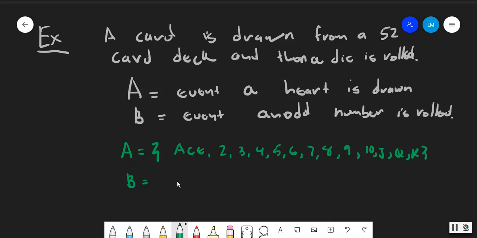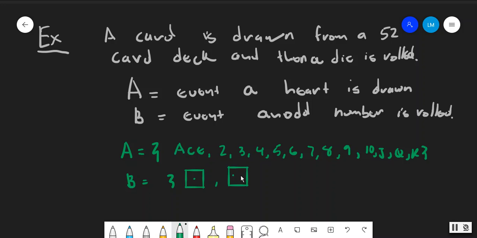And then event B is that an odd number is rolled. Let's just draw it like this, even though we don't technically ever draw it like that, so that we don't make any confusion.